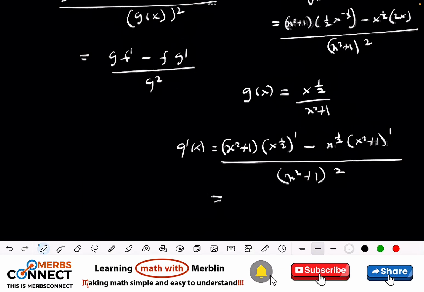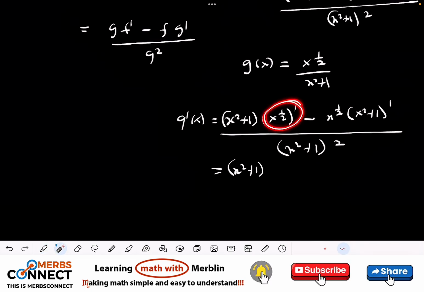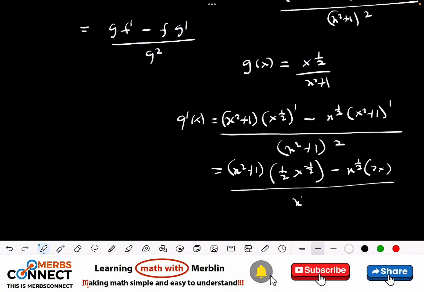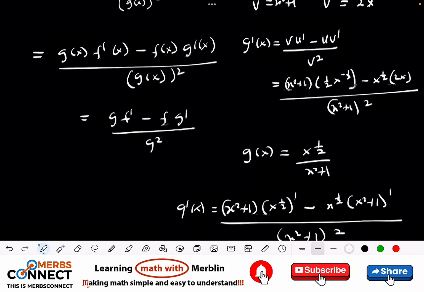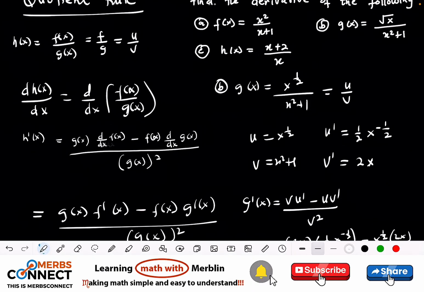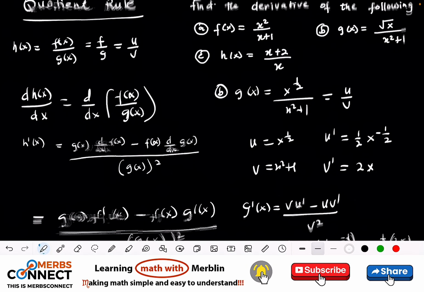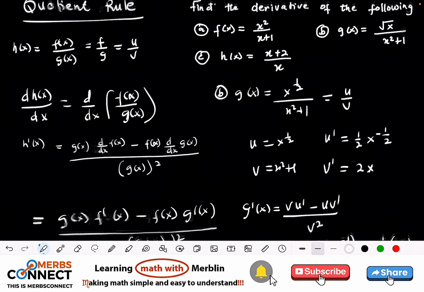Then you are also good to go. So this one will be x squared plus 1. When I differentiate this, I get 1 over 2 x to the power minus 1 over 2, minus x to the 1 over 2. When I differentiate this, I get 2x divided by x squared plus 1 squared. So it's the same thing, right? But the way that you think, you can go through and you'll be fine. That's what you are going to do. So do the C and drop your final results in the comment section.